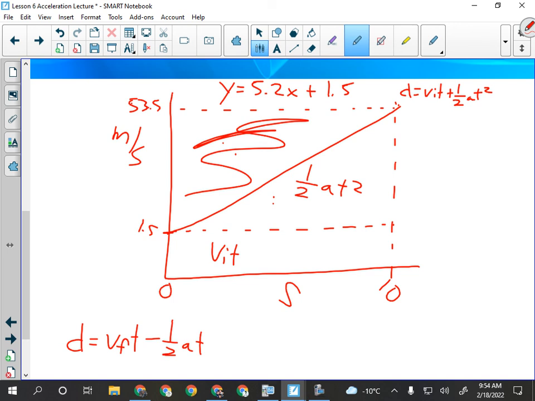Now, the trick here is recognizing where I get these numbers from. vi is b. t is whatever length of time the graph is telling you to use. And acceleration is the slope of the line. All those numbers are in the equation for the line.